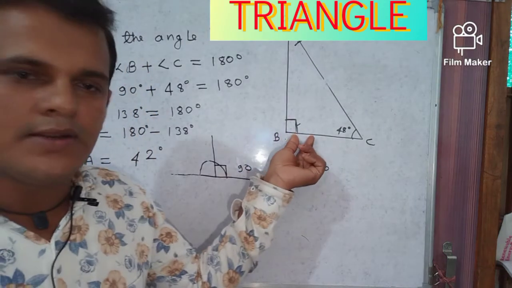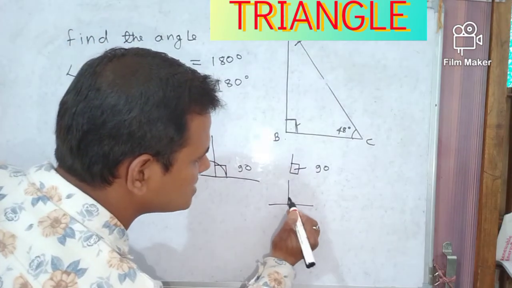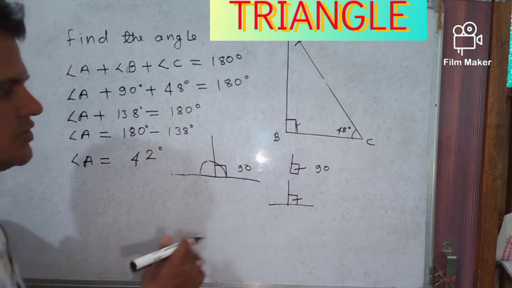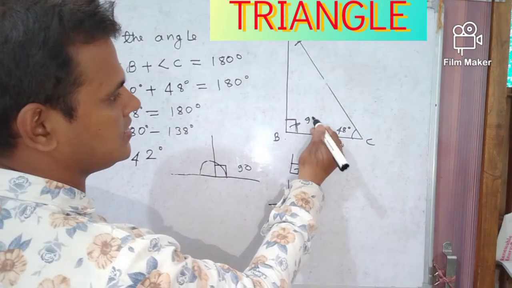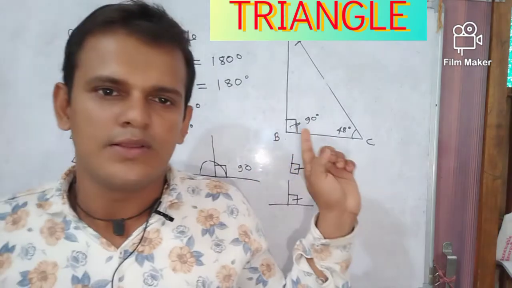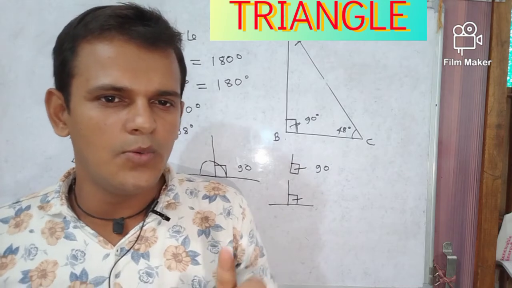See here friends, once again, this angle is unknown, but this symbol denotes 90 degree. We have learned if we are able to see it like this, definitely it will be 90 degree. So this is 90 degree, and we know that the sum of interior angles in the triangle is equal to 180 degree.